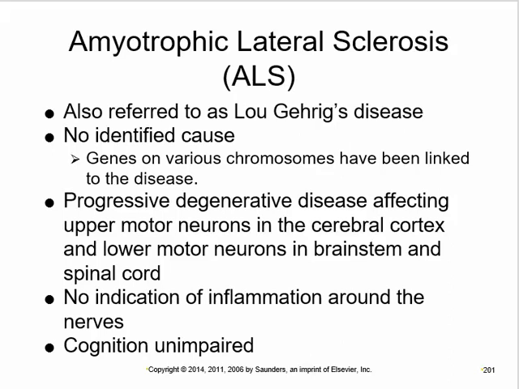There's no indication of inflammation, and cognition is unimpaired. Stephen Hawking had, well, classic. The computer spoke for him, and he lost more and more motor function, but his cognition was unparalleled.